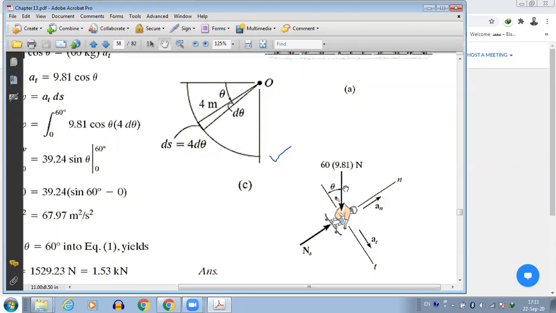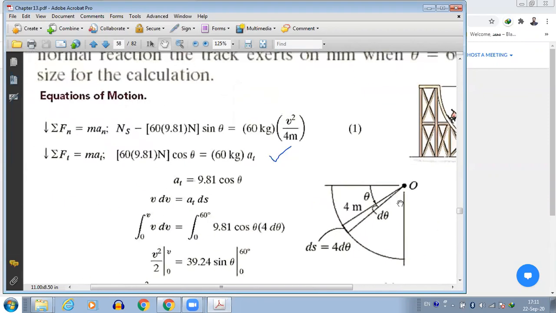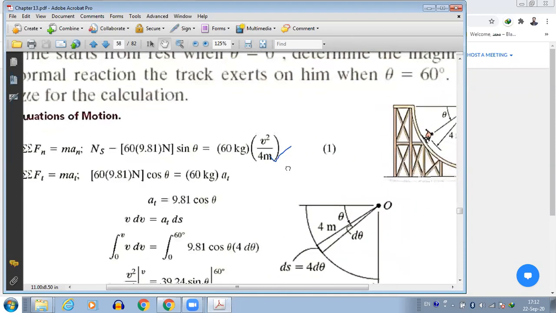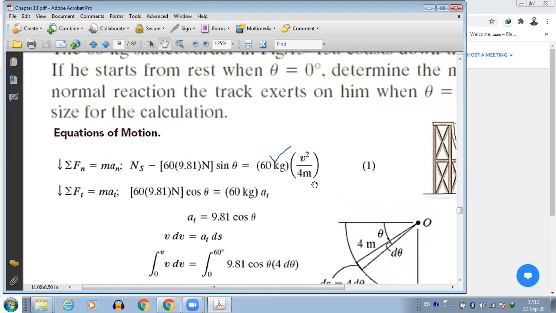Would it be positive? Negative. It should be negative. So it will be N_s minus 60 into 9.81 sin theta equals m a_n. a_n is basically v squared upon rho. Rho is very clear because it's a circular track, so the radius of curvature will be 4 meters. So this becomes this equation. Now I need to know, do you understand how we made this equation?